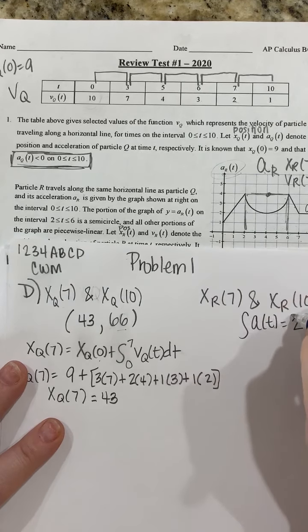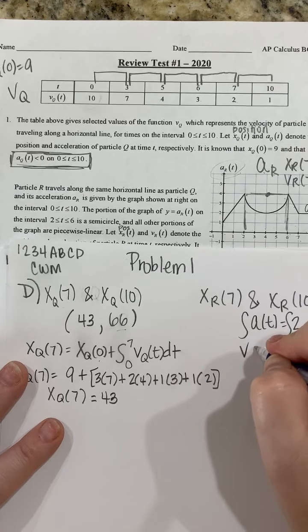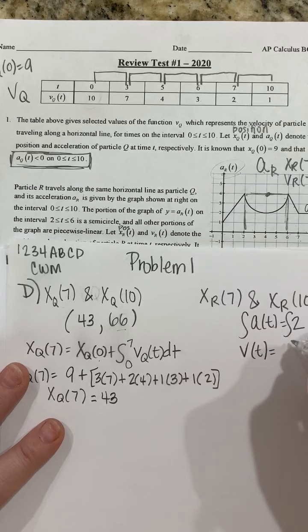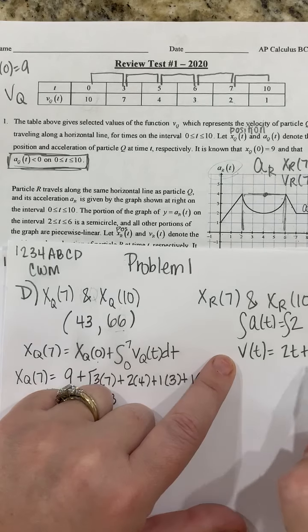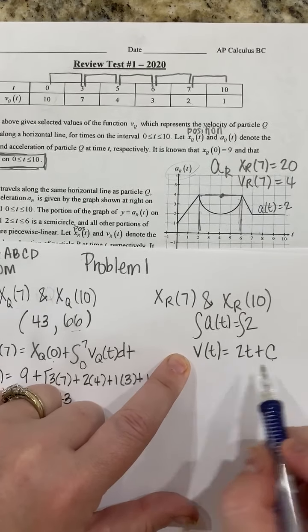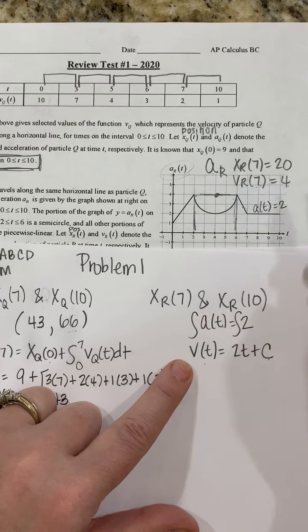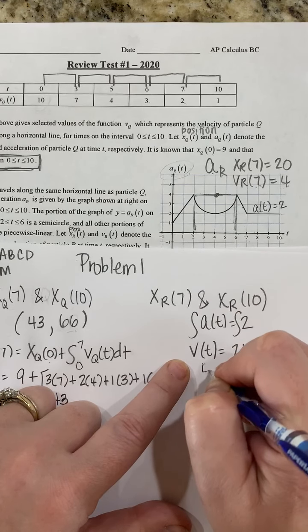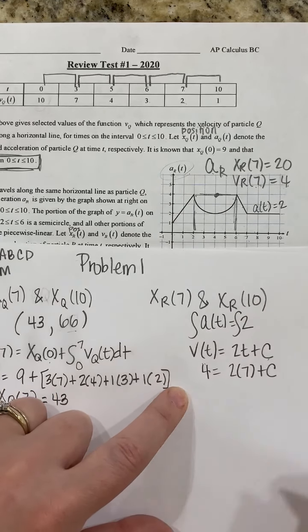So let's integrate it. So this is going to give me my velocity is 2t plus c. Now, I can figure out what c is because I know velocity at time equals 7 is 4.